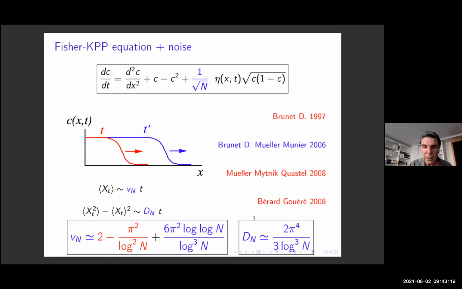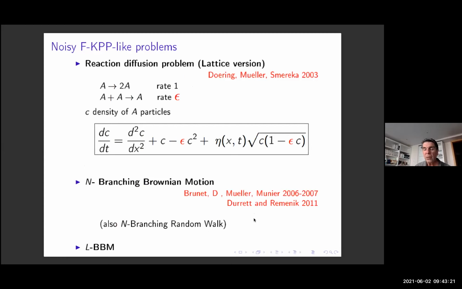Now let me come to models where the Fisher-KPP equation appears. As we heard, there is this reaction diffusion problem where a particle is diffusing, and then at a certain rate it splits into two particles. So this is a branching Brownian motion.